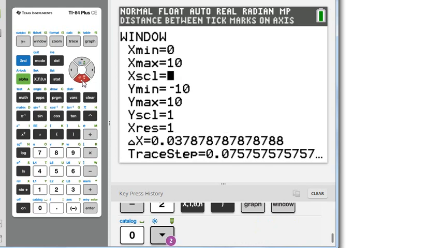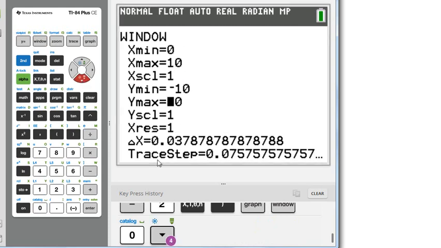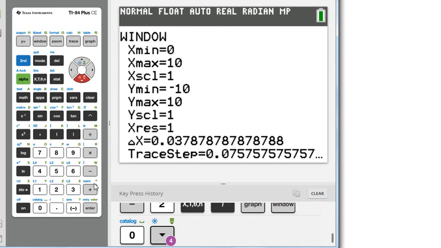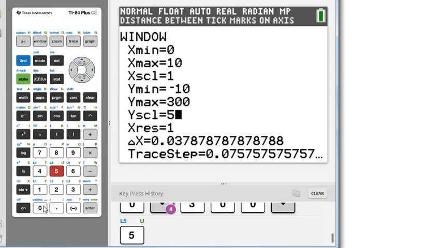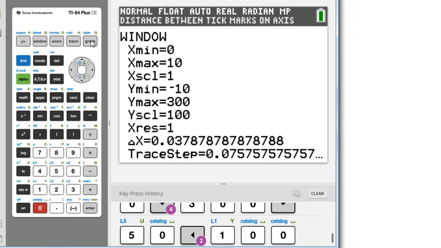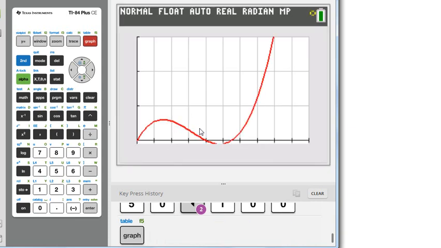And then for our y minimum, we need to go really high. I don't know if it's going to be 300. I don't know what it is going to be, but we can go by 100s. We'll be okay. Graph. Yeah, so we have more than enough to work with.